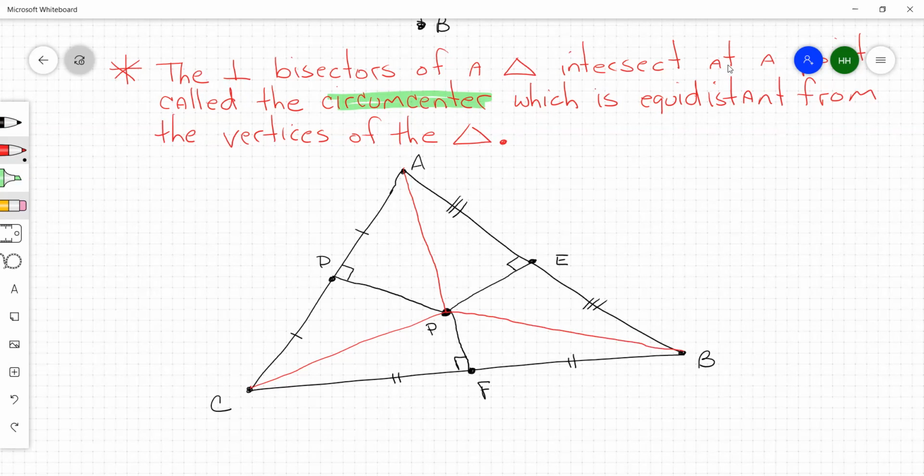Those lines all represent the distance from the circumcenter to the vertex of the triangle, agreed? Those are all congruent, all right? AP is congruent to BP, which is congruent to CP.